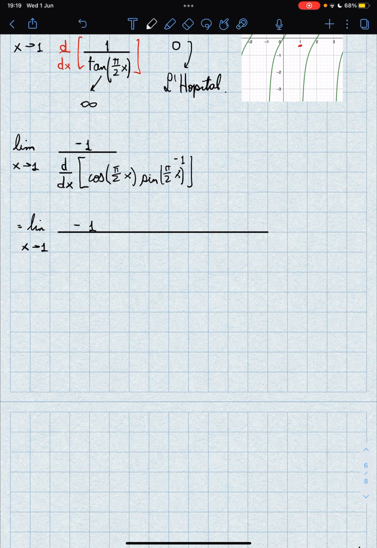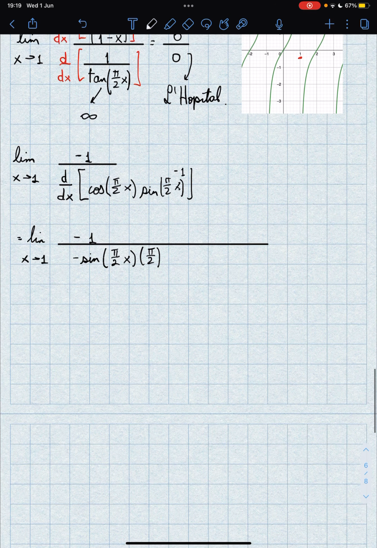Because the derivative of cosine is minus sine of pi over 2x, by the chain rule I have to derive the inside, and the derivative is pi over 2. Multiply by sine of pi over 2x to the minus 1.